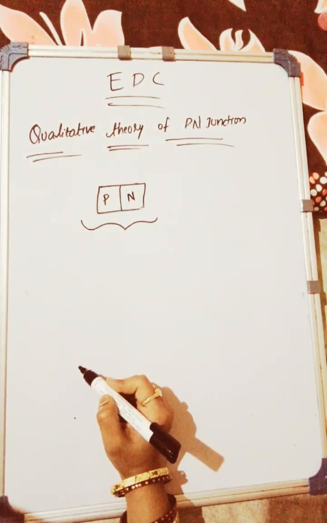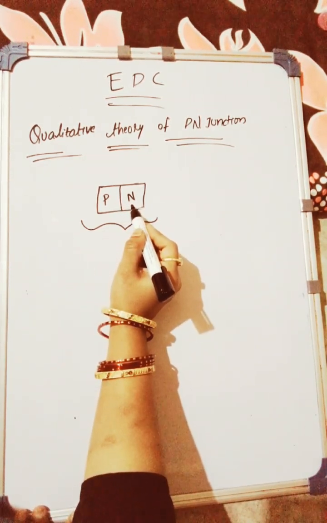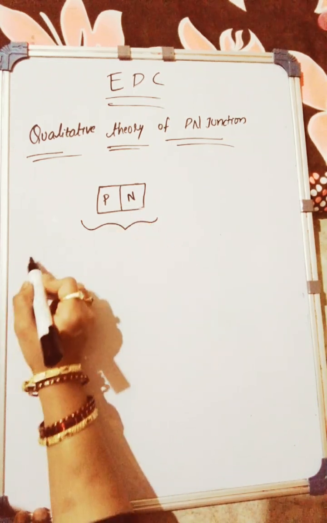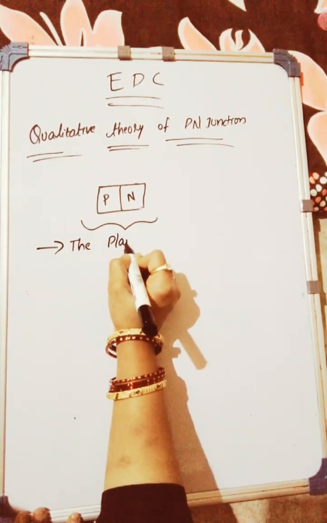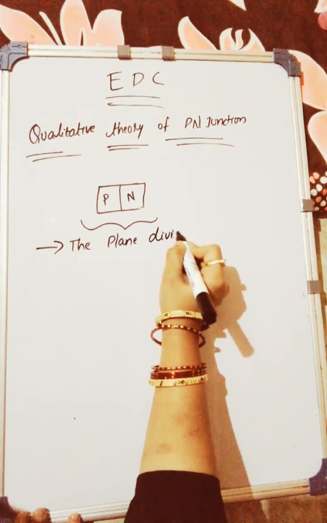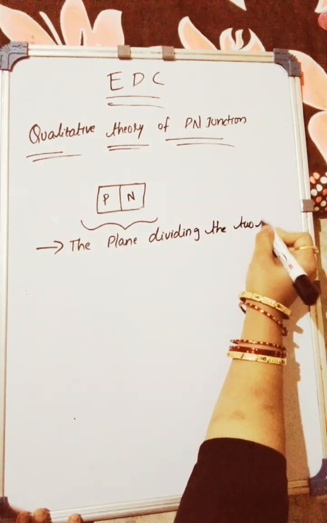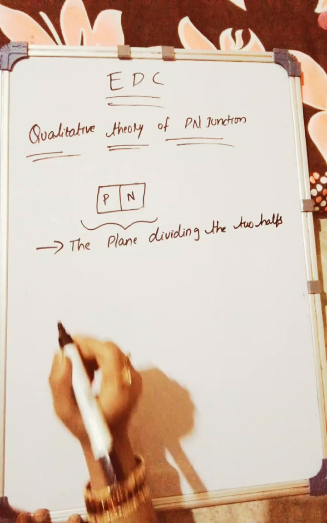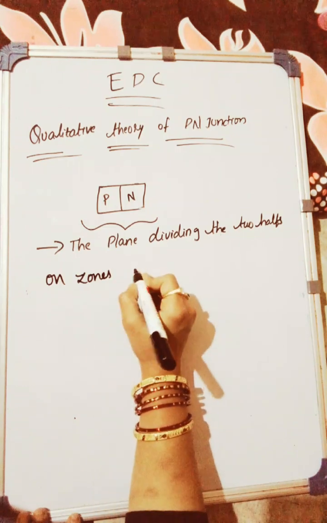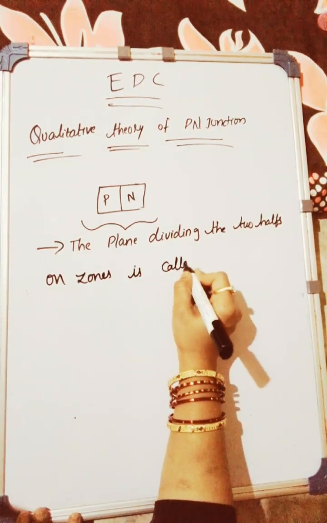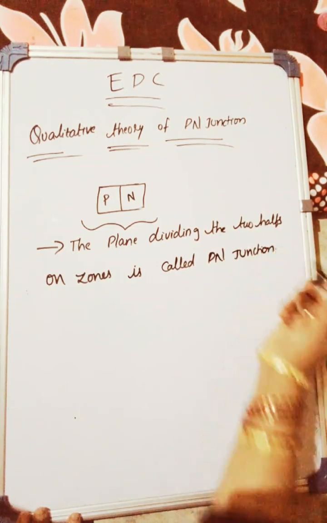See how simple it is? The plane dividing the two halves or zones is called the PN junction.